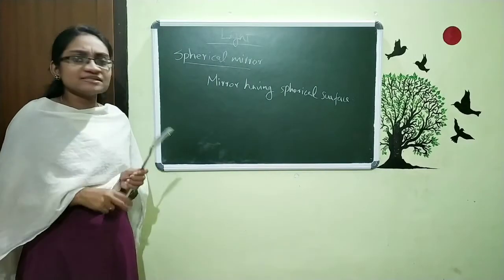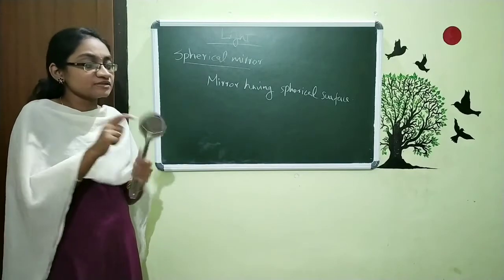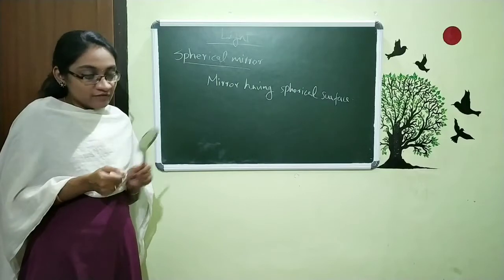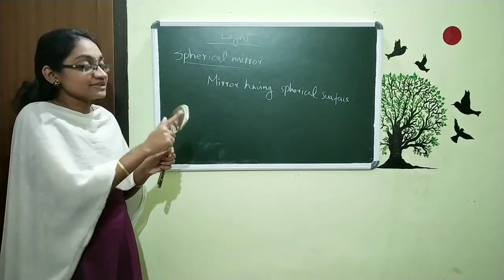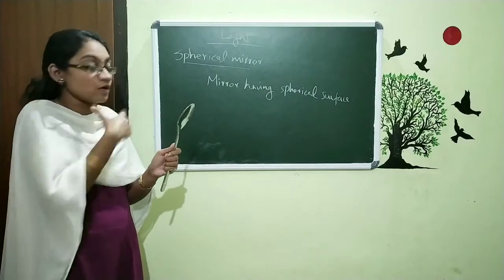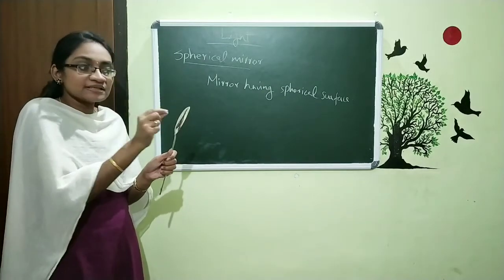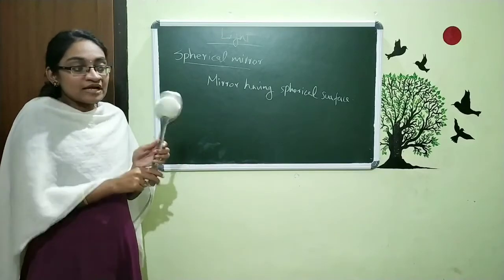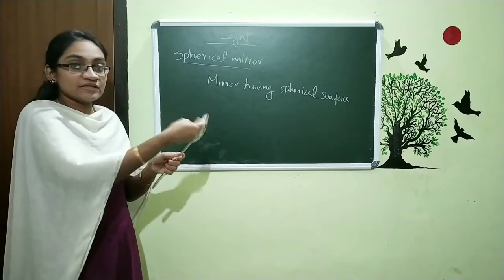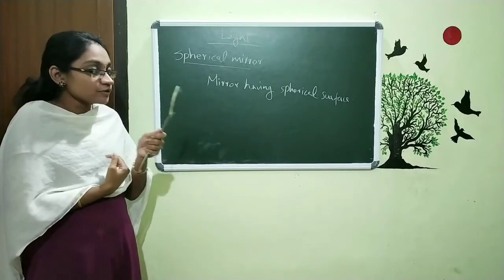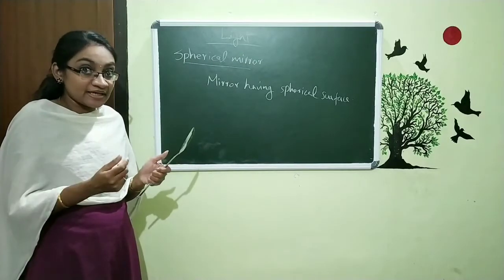Now the question is: are the images on both sides the same? No. When you look at this side, you can see a small image. You can see the whole face because the image made on the back of the spoon is small. And when you put this inward curved side to your face, you can see your face is much enlarged.